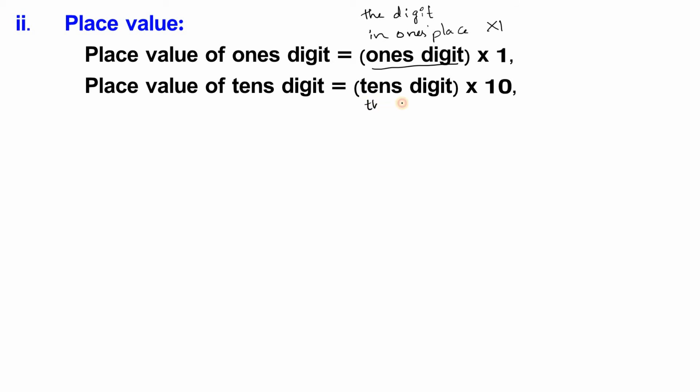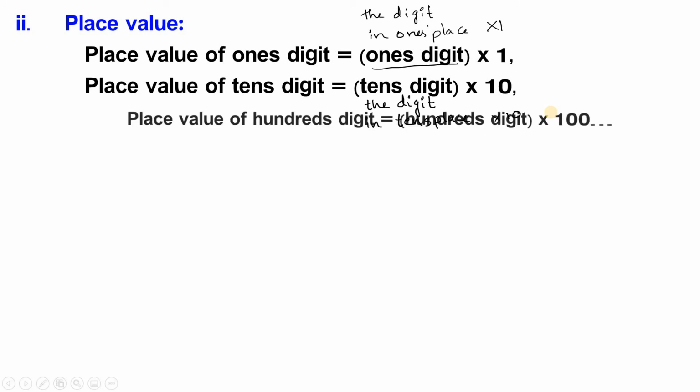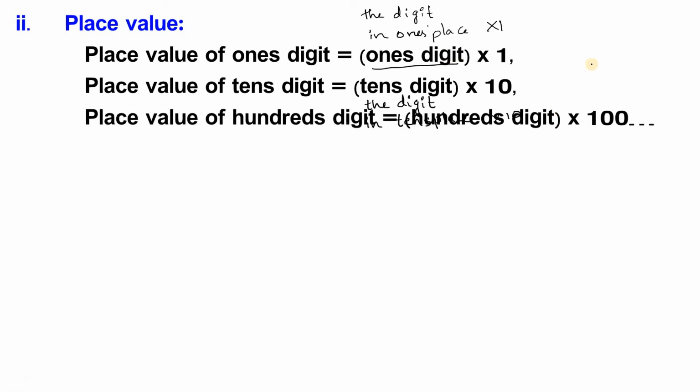That means the digit in the tens place into 10, then we will get the place value of the tens digit. Place value of hundreds digit, that means the digit in the hundreds place into 100. Then we will get the place value of the hundreds digit, and so on.